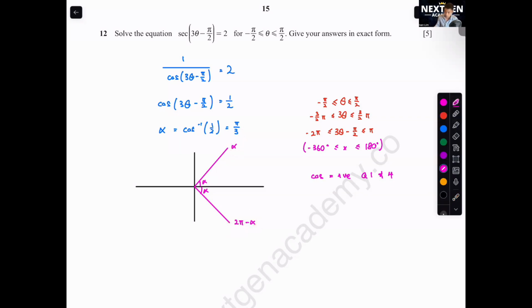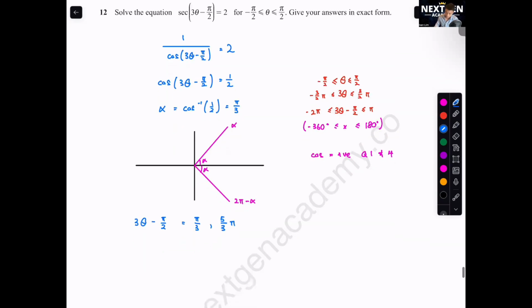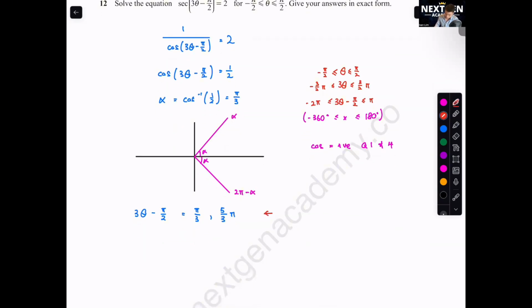Let me show you all how to calculate the next part. The angle right now is 3 theta minus pi over 2. Alpha is pi over 3. 2 pi minus alpha: you take your calculator, you type 2 minus 1 over 3. You get 5 over 3 pi. This is based on 0 to 2 pi, but my angle needs to go until negative 2 pi.